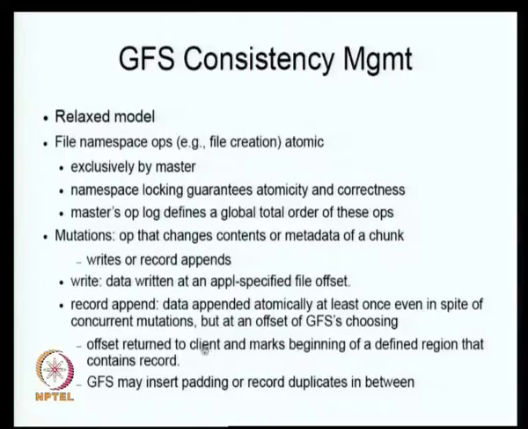Now, what is interesting is that GFS may insert padding or record duplicates in between. Why does it insert padding? Because it may turn out that what is being written is going to span chunk boundaries. When you span chunk boundaries, it creates complications, because you have to work with two chunks now.